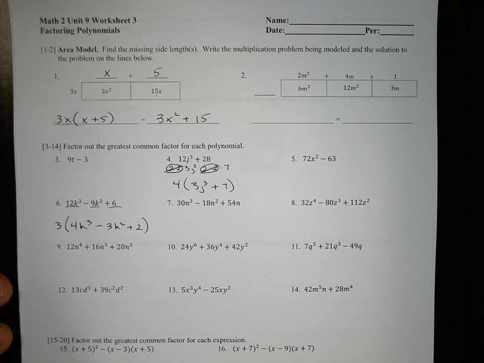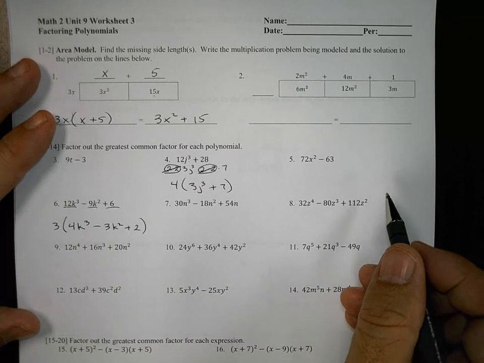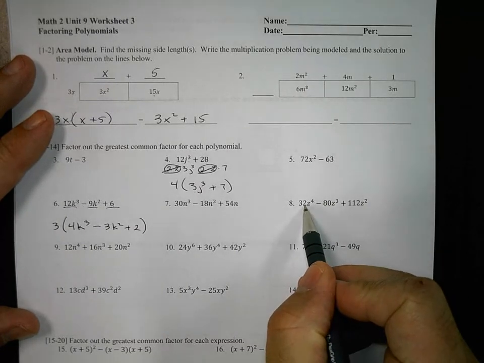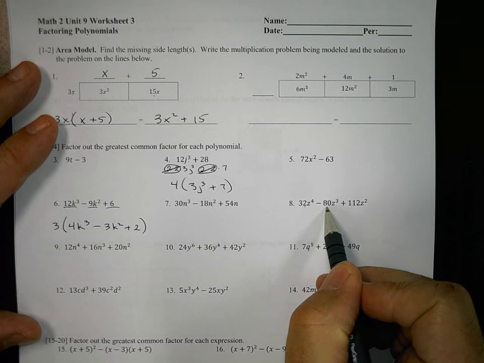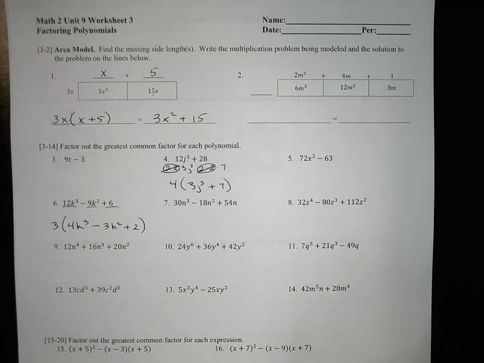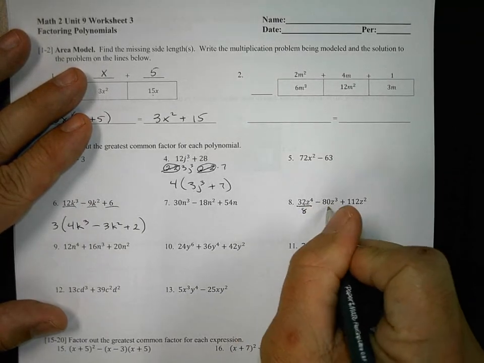Okay? Now, some people like to do the division method, which works as well. I notice that 4 times 8 is 32, and 8 times 10 is 80. So maybe 8 goes into all of those. So let's take an 8 out of each of those.